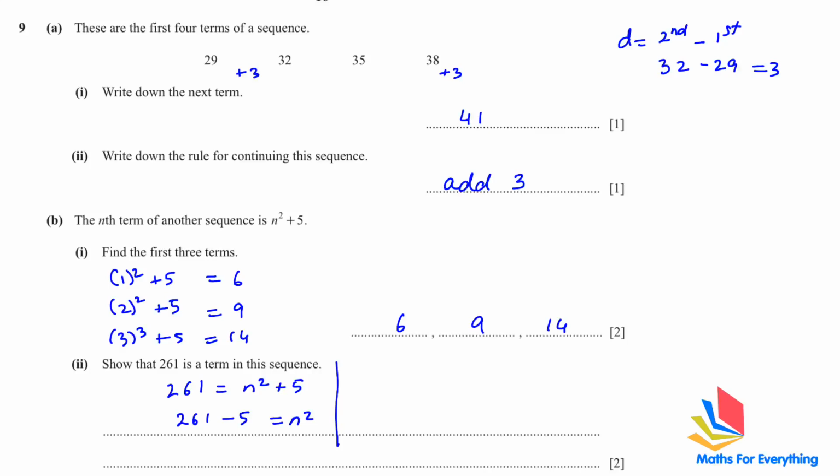So now you will have 256 is equal to n squared. Therefore, the square root of 256 is n. n always has to be a whole number. It cannot be a fraction or a decimal. And when you take the square root of 256, you will get 16. So 16 is equal to n. Therefore, 261 is a term in this sequence.